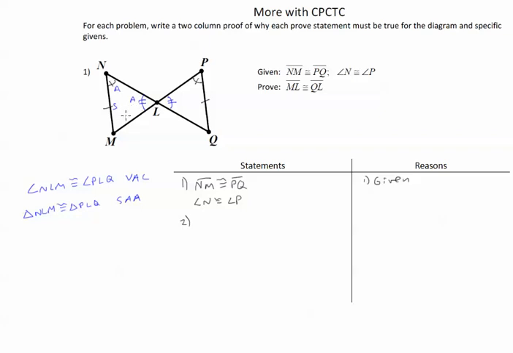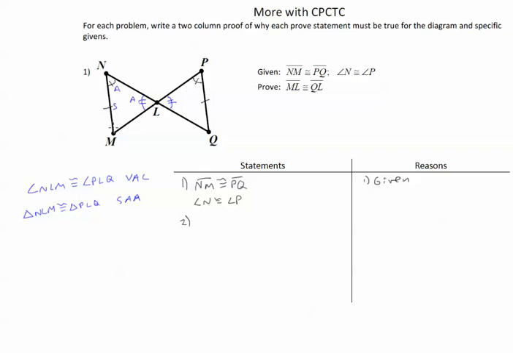Now once I know that these two triangles are congruent, I can enter a whole new realm, and so many more things become available to me. I can start saying things like, hey, guess what? NM corresponds to PQ, so that makes sense. Angle N corresponds to angle P, so they should be congruent to each other.